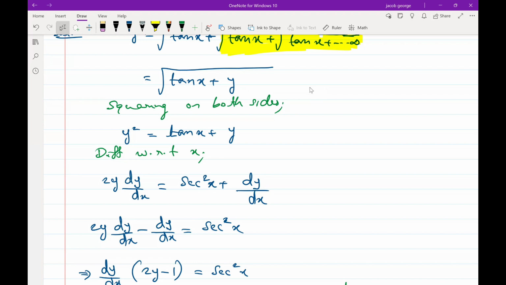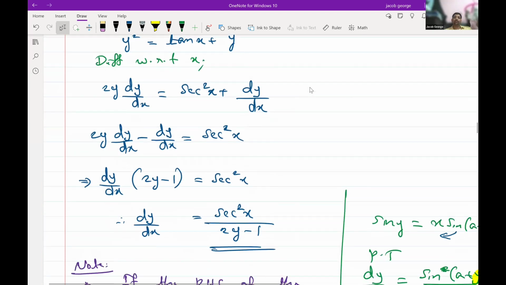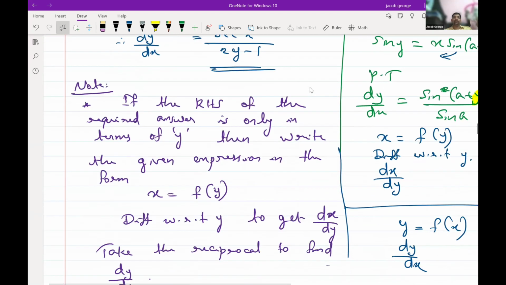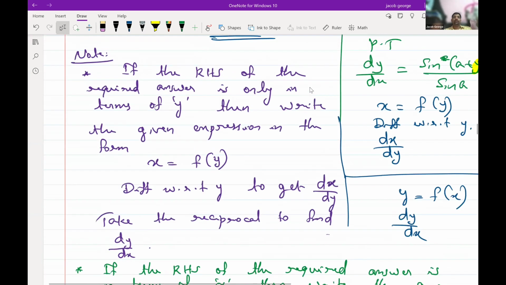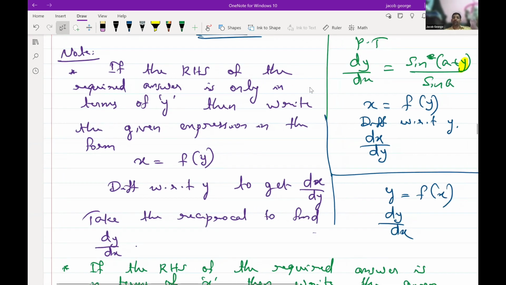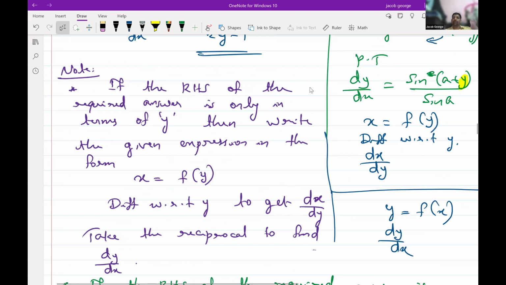Yes, sir. Okay. Next is a very important pattern. Some answers will be given. For example, in the right hand side, I have written dy by dx is sine square of a plus y by a. So the right hand side of the required answer is only in terms of y. There is only y in the right hand side.